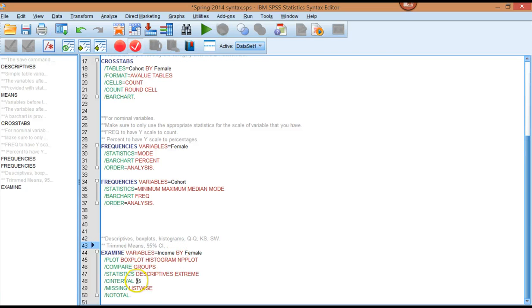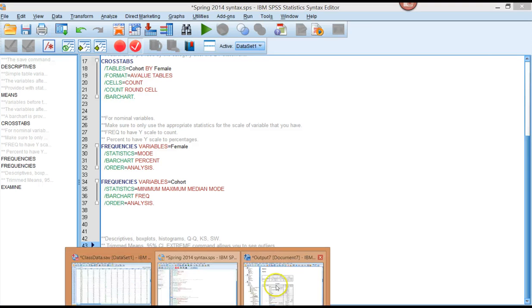You can change it to 90 or 99 or whatever you prefer. And the extreme values command allows you to see the outliers on a case-by-case basis, which is nice.